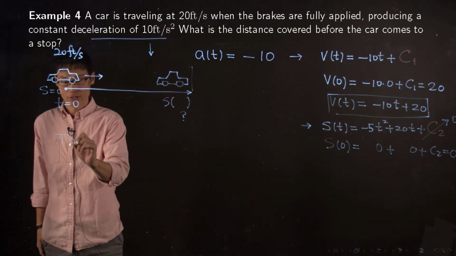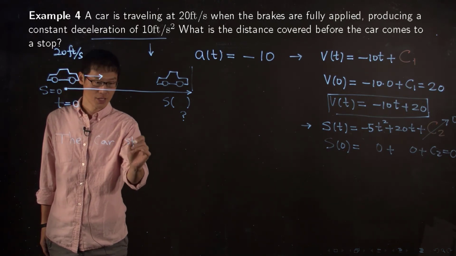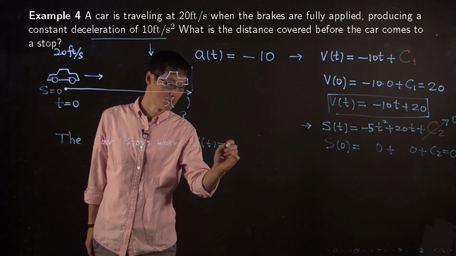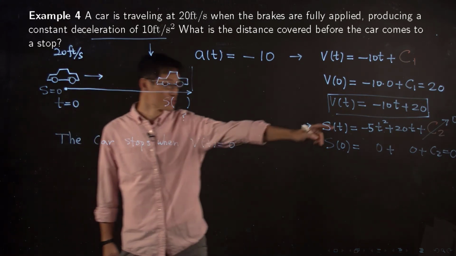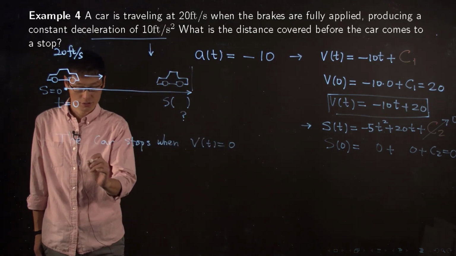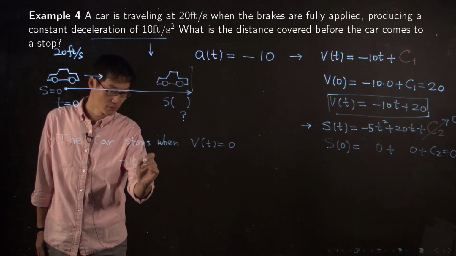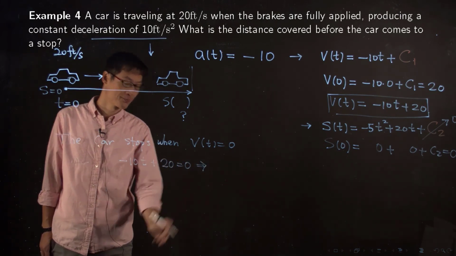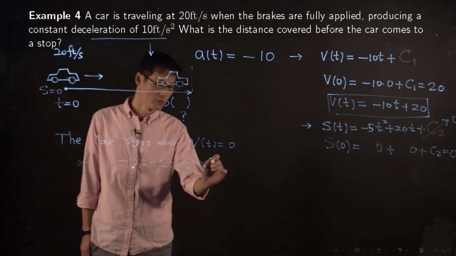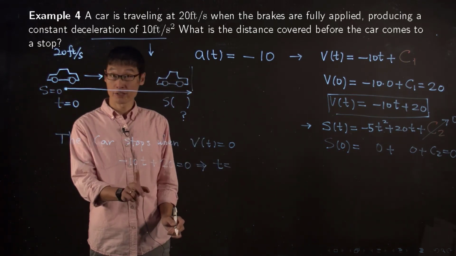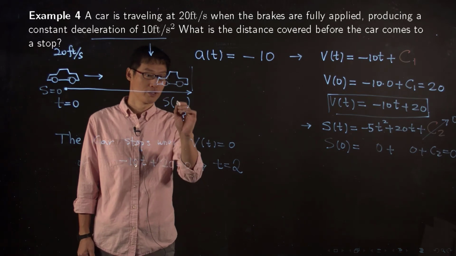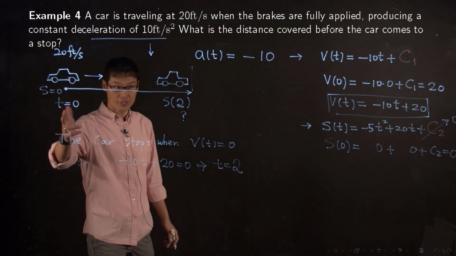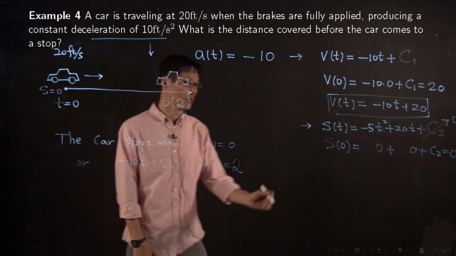So the car stops when velocity becomes 0. We solve the linear equation, negative 10t plus 20 equals 0. So t is simply what? 20 over 10? 2. Good. We got the time when the car stops. So the car stops after 2 seconds, and we are almost done.